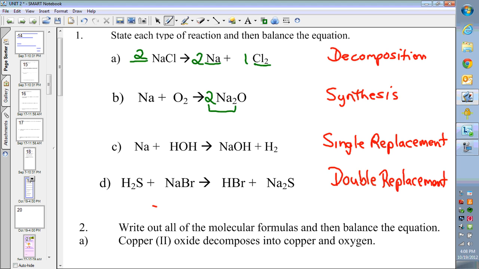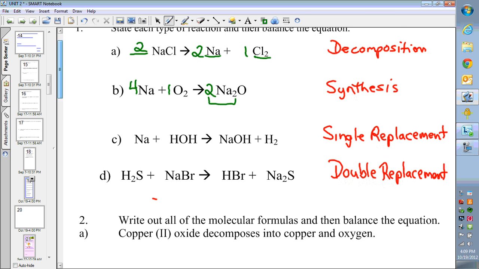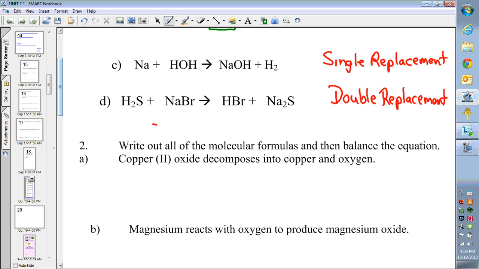I now have 4 sodiums because I have two molecules that each have two sodiums in it. So there's 4 Na's on the right. I need to have 4 Na's on the left. And so it turns out that 4 molecules of Na with 1 oxygen molecule will produce 2 molecules of sodium oxide. Okay, so we'll look at part C, our single replacement reaction.